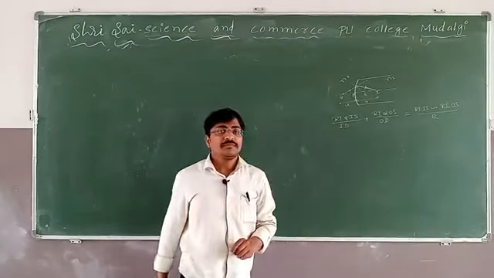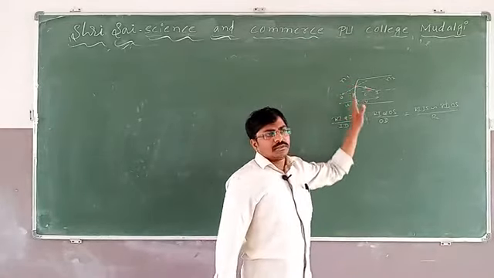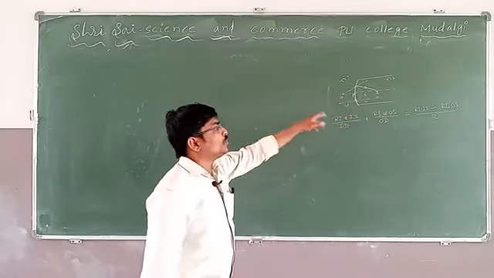This is the general formula we discussed in the previous class, that is the relation between n, u, v, r.